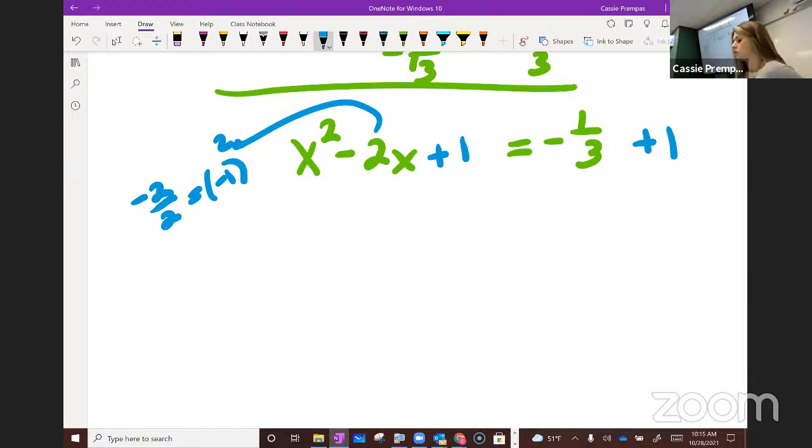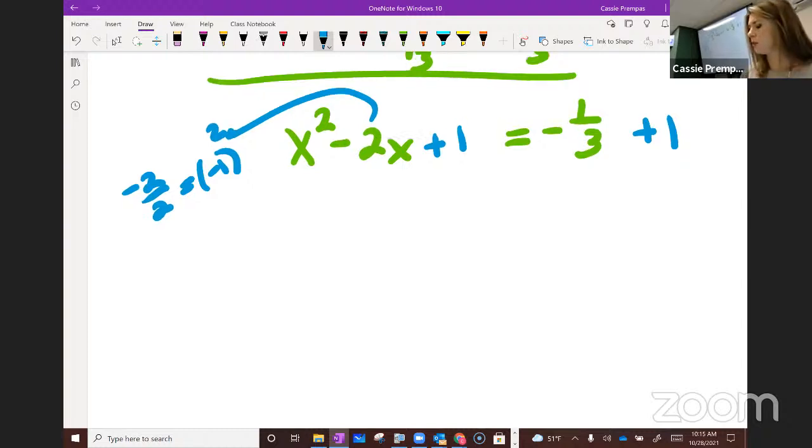Jack, you understand it so far? Yeah. Okay, go ahead. All right, guys, take a look. You should have said 1 and 1. And now with that said, let's keep moving through.